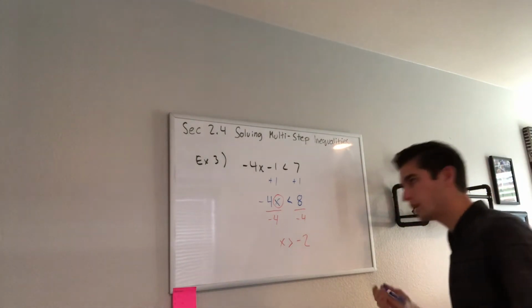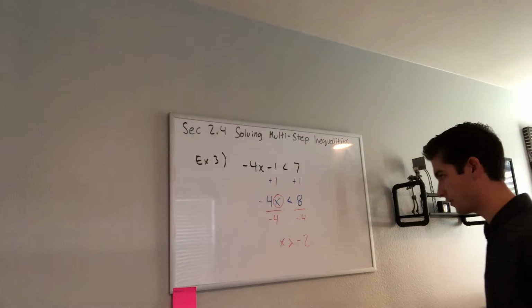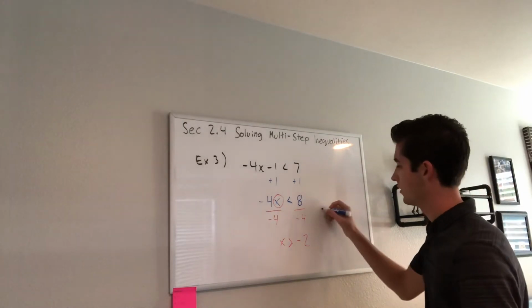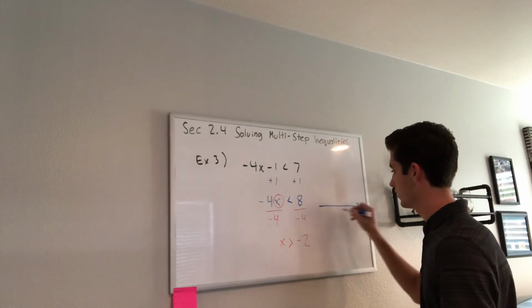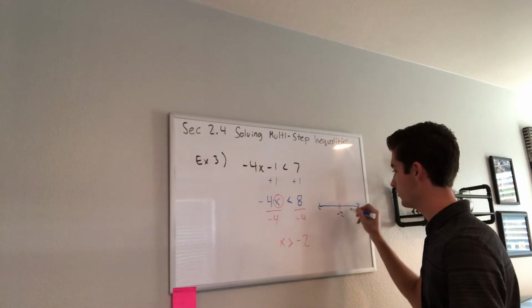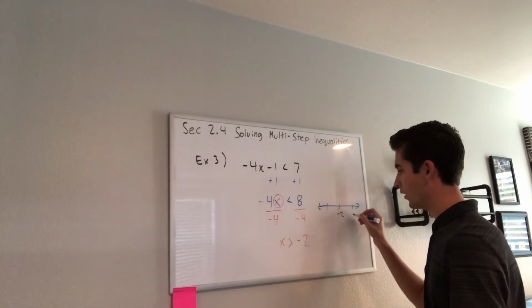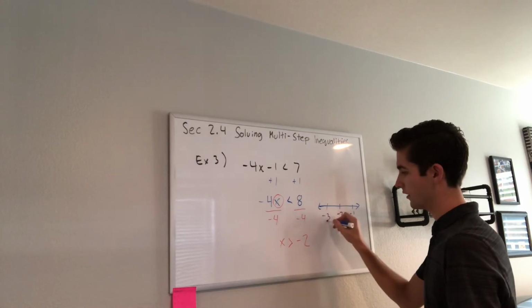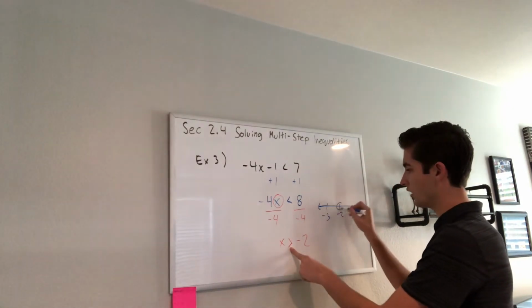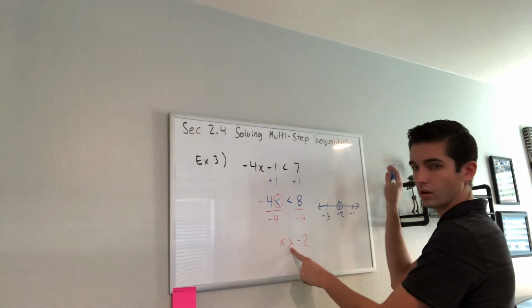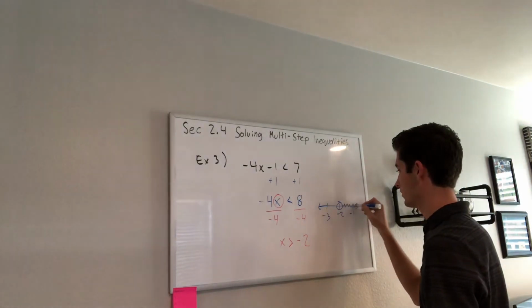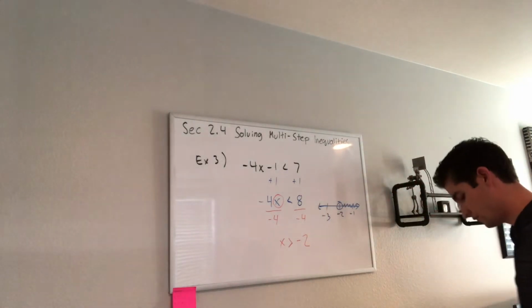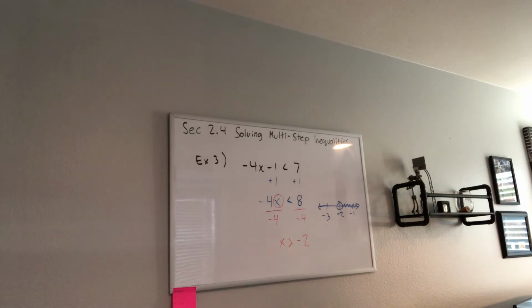We'll graph this one and we won't graph the next one just for the fun of it. So we'll have negative 2. 1 greater is going to give us negative 1. 1 less is going to give us negative 3. An open dot on negative 2, and we shade to the right. Very good. It's all looking very good.